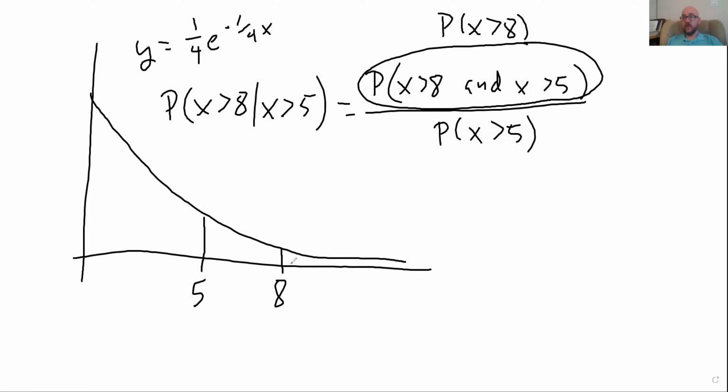Because if it's greater than 8, it's automatically greater than 5, but not vice versa. So the probability that x is greater than 8 is going to be e to the minus 1/4 times 8 over e to the minus 1/4 times 5.